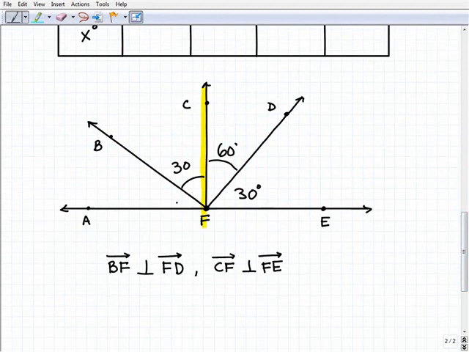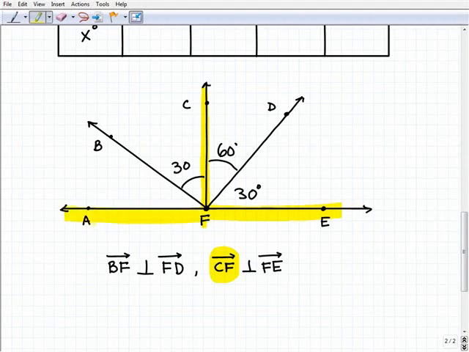So how can we find this last angle? Well, we know that CF is perpendicular to FE, but FE is also part of a line formed by AFE. So this ray here is perpendicular to this ray. That's one way to look at it.